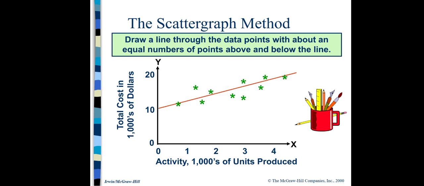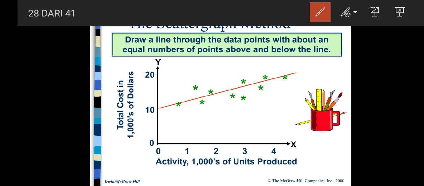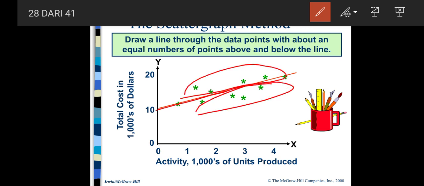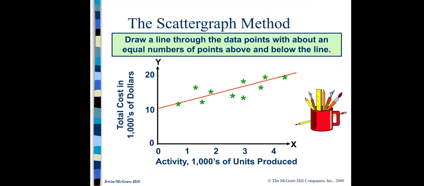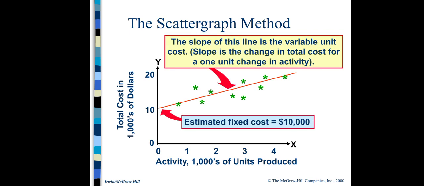Nah, jadi kita menggambar garis. A line is drawn through the plot and an estimate is made for total fixed cost at the point. Jadi di sini, dari garis ini kita bisa melihat mana di atas garis, mana yang di bawah garis. Plotnya itu. And then the slope ya.